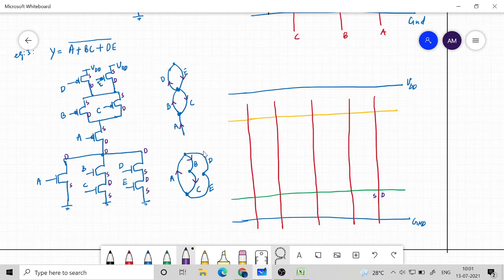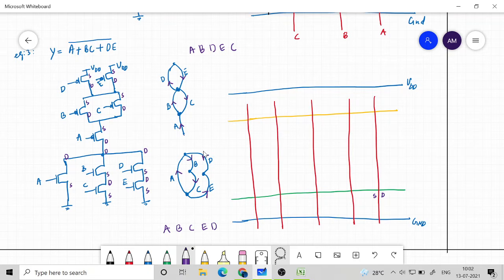Now if I just continue, I can go through E and then D like this. Let me write the order. The top one is A, then B, then D, then E, then C. The bottom one is A, then B, then C, then E, and then D.